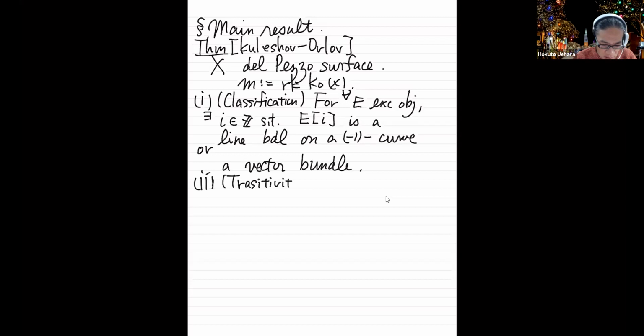Transitivity. The action of mutation and shift functor on the set of exceptional collections of length m is transitive.